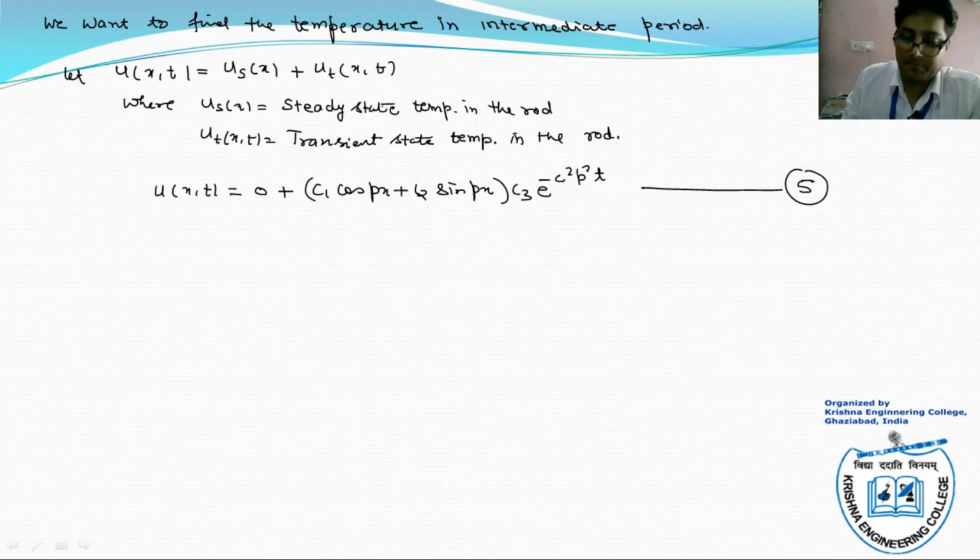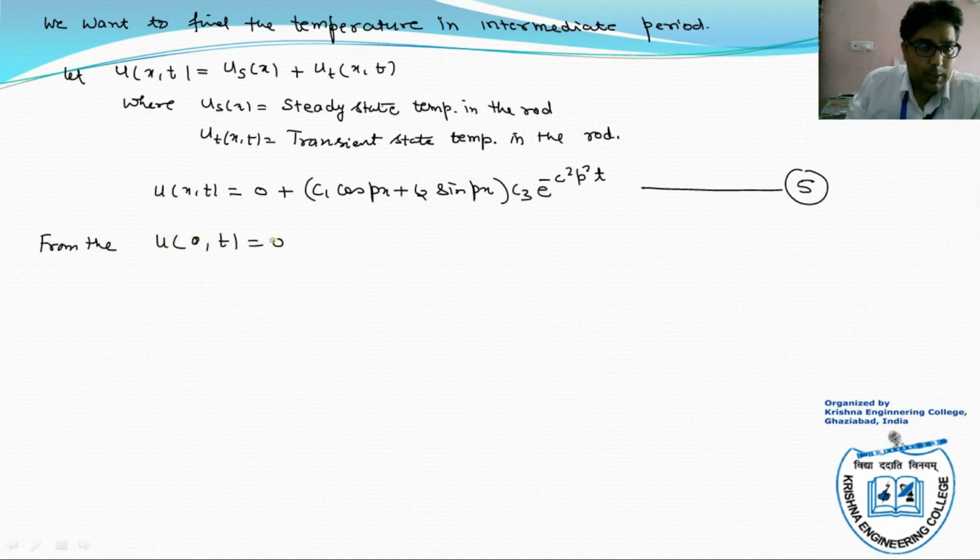Now find from the first boundary condition, u(0, t) = 0.